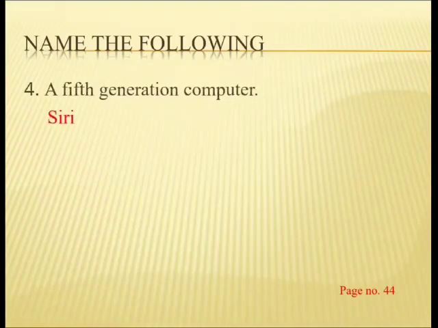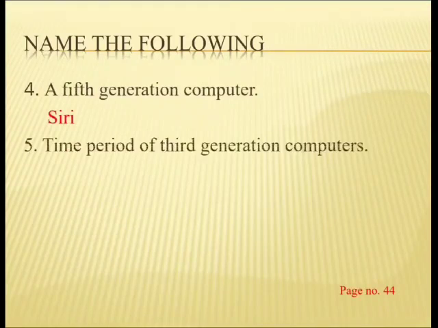Siri, Cortana, Alexa are the examples of fifth generation computer. Fifth is time period of third generation computers. Answer is 1964 to 1971. Third generation computers were developed between 1964 to 1971.